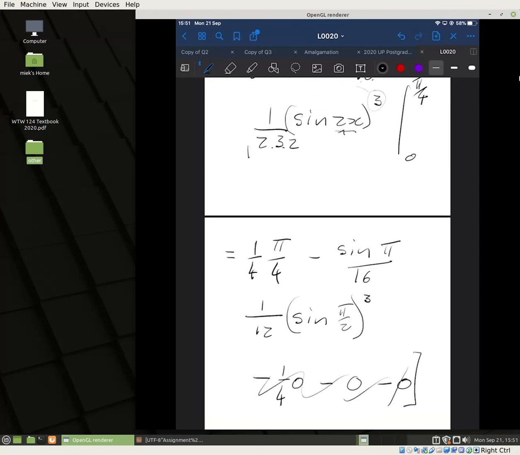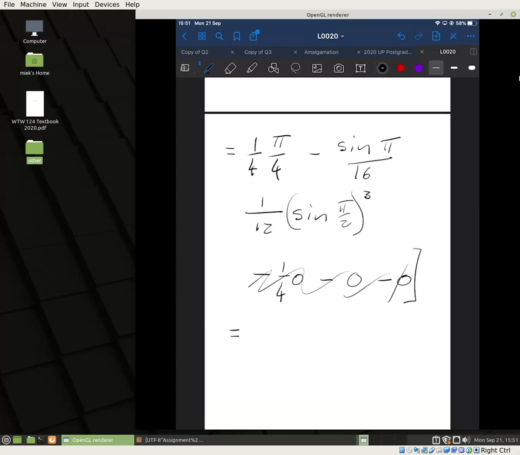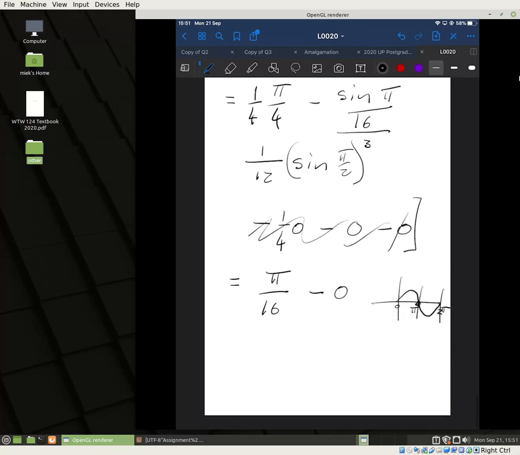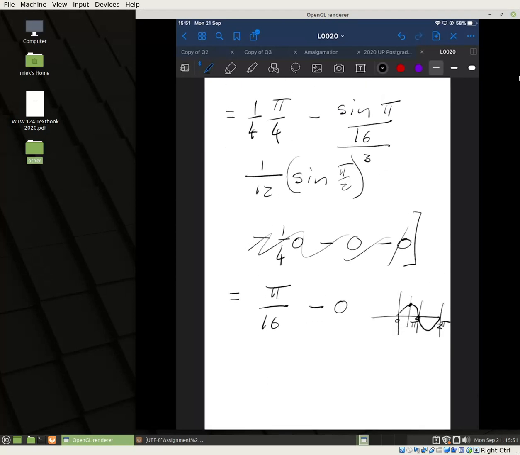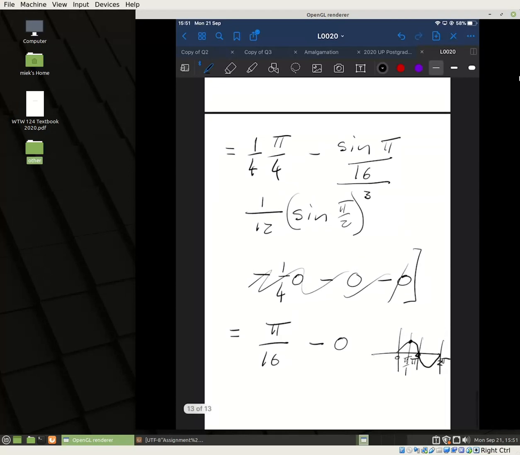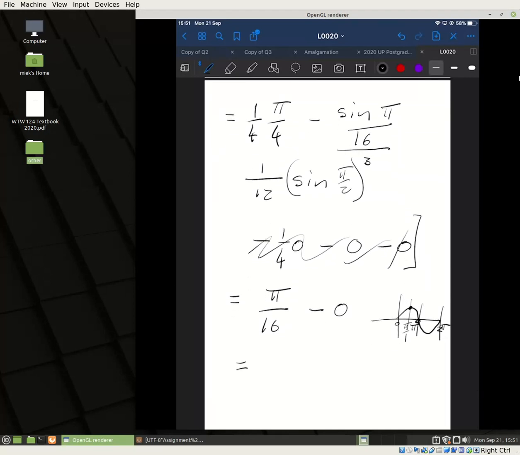So all these cancel, and what we're left with is what we have there, pi over 16 minus sine of pi, which I believe is 0. If you look at the graph of sine from 0 to 2 pi, at pi it is 0, so this term is also 0, and pi over 2 over there is 1. 1 cubed is 1, so plus a 12th.